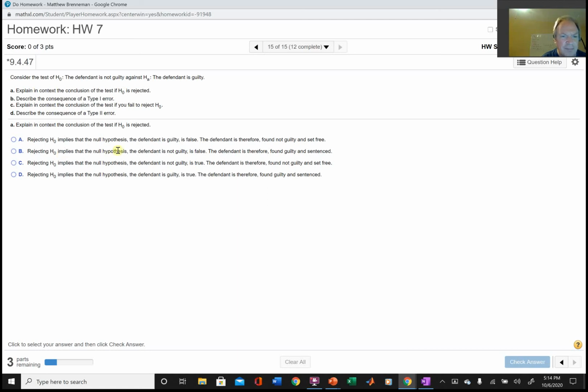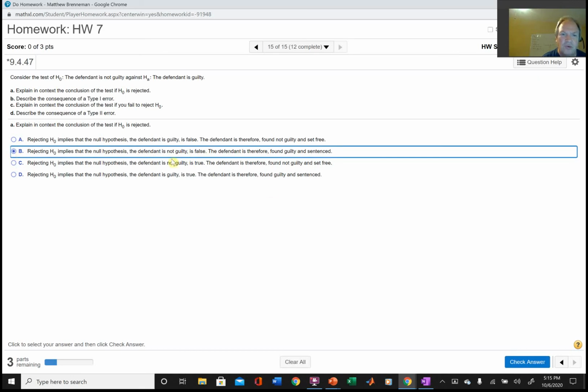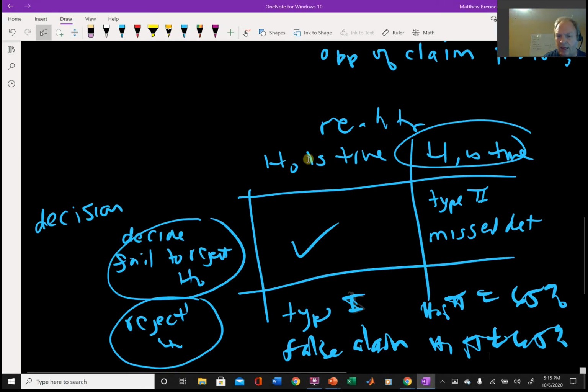Rejecting H0 implies that the null hypothesis, the defendant is not guilty, is false, and that's what's going on here. And again, this chart will help you. Type 1 is when the null is actually true, they're not guilty, but you reject the null and you decide that they are.